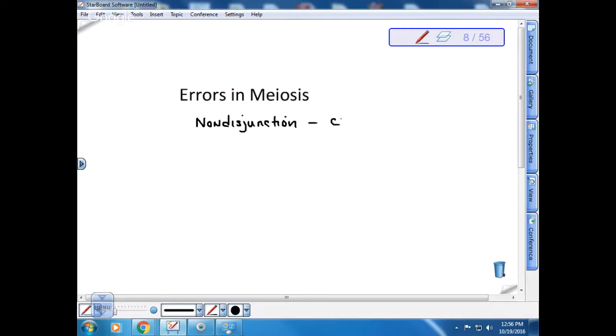So this means that the chromosomes do not separate properly during meiosis. And so this can lead to a problem which is called aneuploidy.